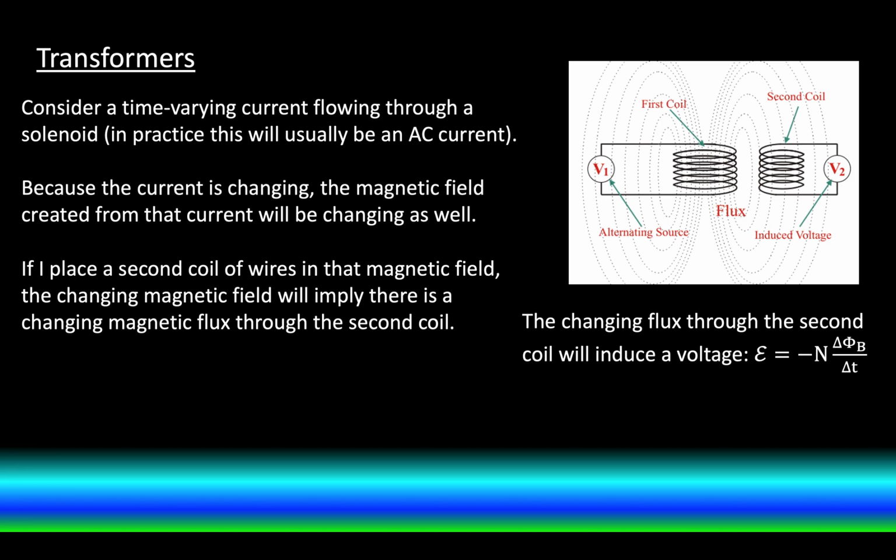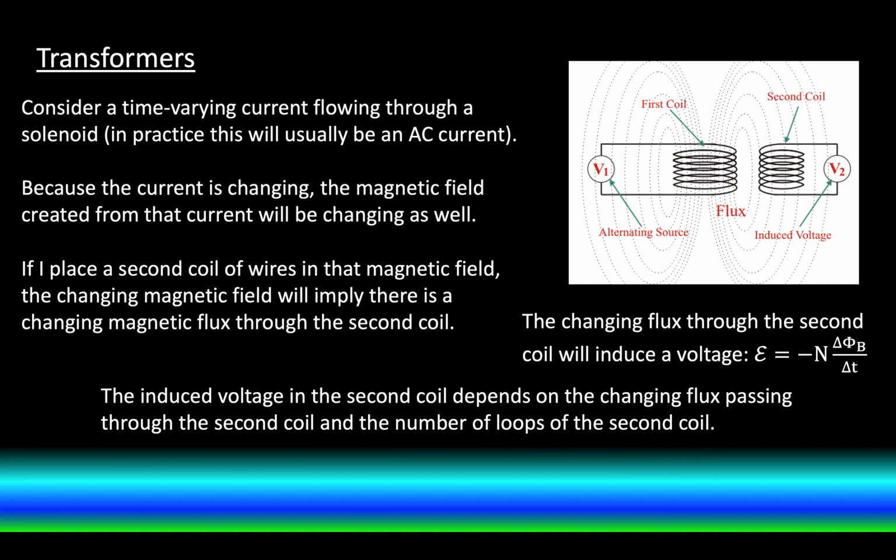The amount of voltage induced in the second solenoid will depend on the number of loops of wire that make up the second solenoid and the rate of change of magnetic flux through the second solenoid, and that will be given through the equation we have been considering all chapter long. Based on this picture, as it is drawn right now, we will produce some amount of induced voltage in the second solenoid.